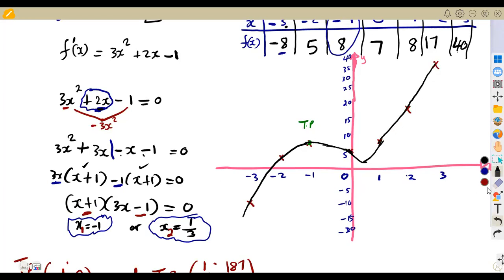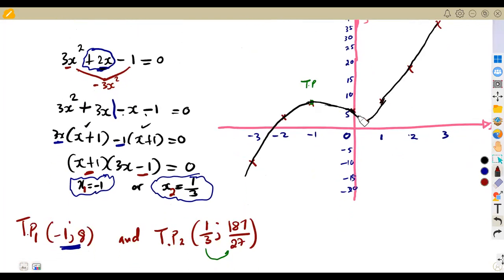All right, whereby here we have got a turning point. Remember, we said this one is a turning point at 1/3 versus 187 over 27 in this case. This one is a turning point. And we have also this as a turning point, which is at -1,8.